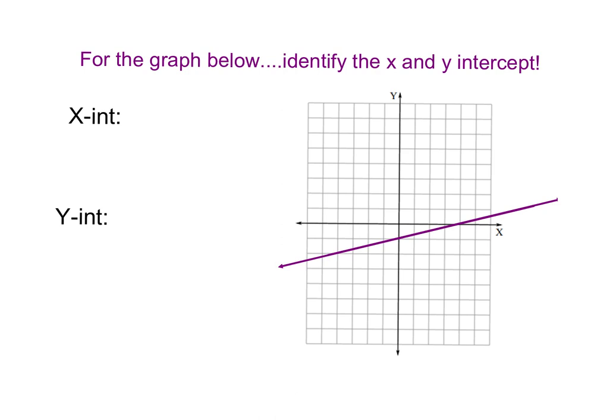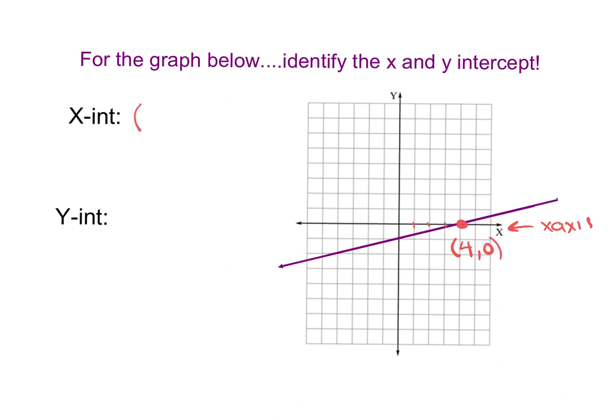So let's take a look at another example here. Again, remember, the x-intercept occurs at the x-axis. So here we're looking for the coordinate where we cross the x-axis. Our x-coordinate is 1, 2, 3, 4. And our y-coordinate doesn't move up or down, so it's simply 0.